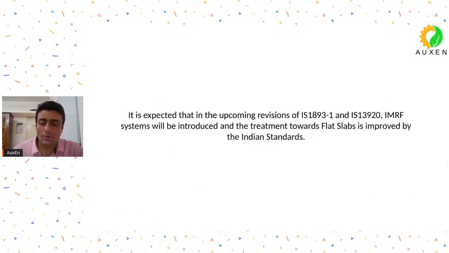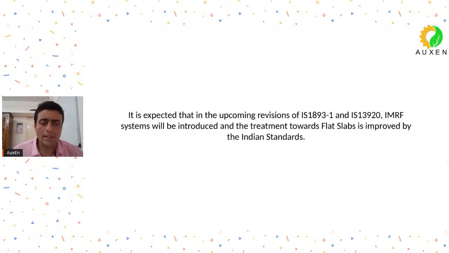So I showed you two types of code, how the American code is treating it, and how the Indian code is treating it. The Indian code is extremely conservative when it comes to flat slabs, but the American code provides you a good leeway, I would say a parallel approach, where you can use flat slabs with intermediate moment resisting frames.